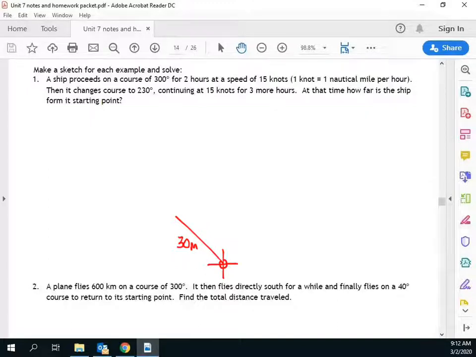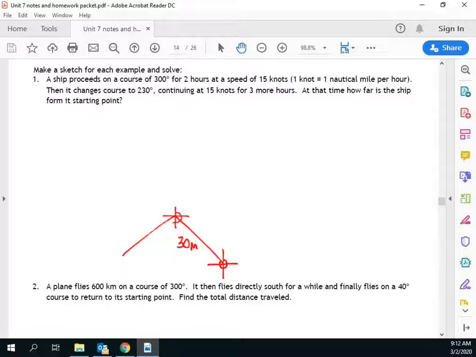Then it changes course to 230 degrees, continuing at 15 knots for 3 more hours. So we change to 230. Another crosshair here. 230 puts us somewhere out here.